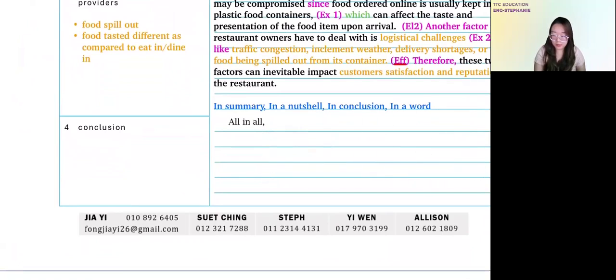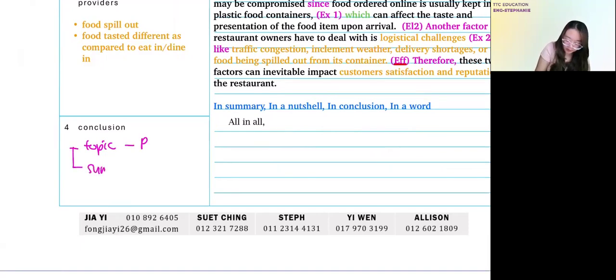All right, let me write down. Sorry, before that, let me just write down the requirements for you. I think it's easier to show you that. So again, here, conclusion: first, you will need to have your topic. You need to re-emphasize your topic. So this is your point. Then you need to move into a summary, which is your elaboration or your example.